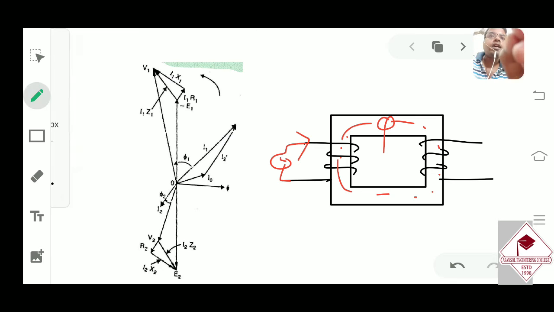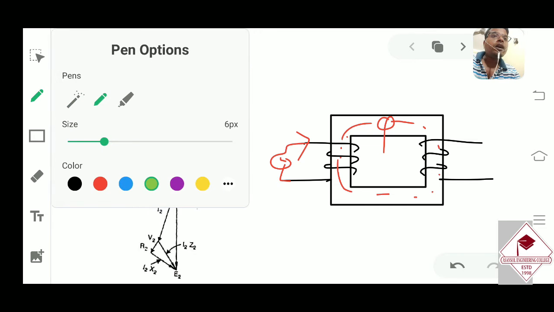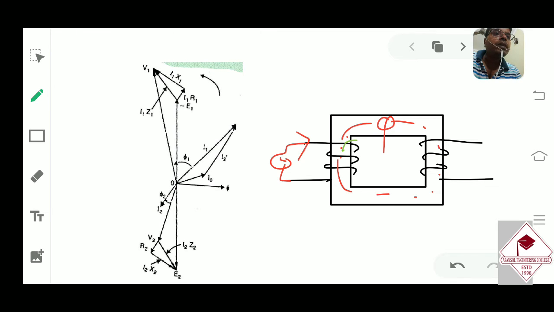Some fluxes are linked to the self coil only, in both primary as well as secondary, as you can see. This flux is not linking to this winding, and this flux shown by green ink is not linked to this one.